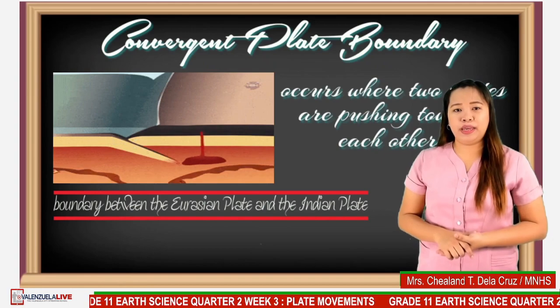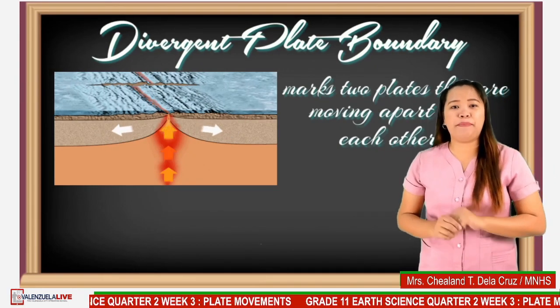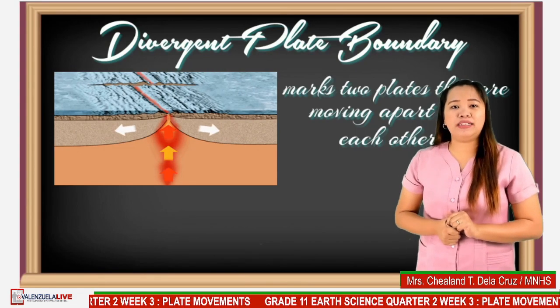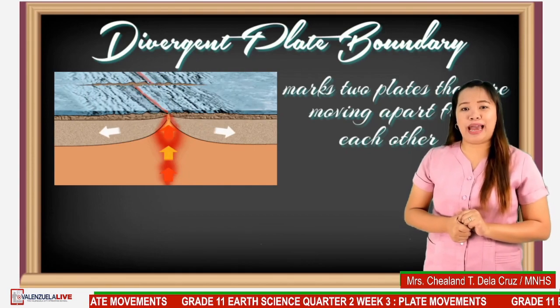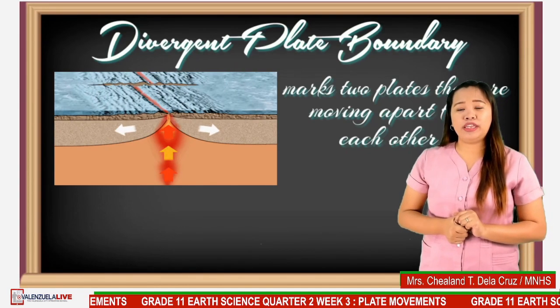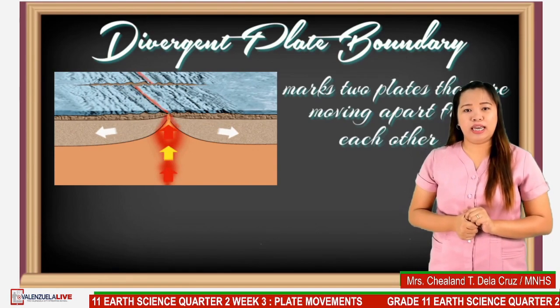The second type of plate boundary is the divergent plate boundary. At this type of boundary, magma from deep in the Earth's mantle rises towards the surface and pushes apart two or more plates.